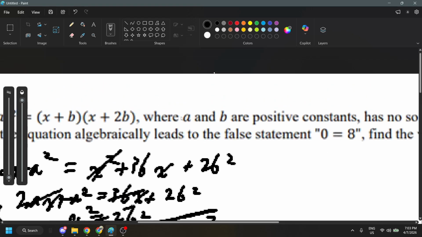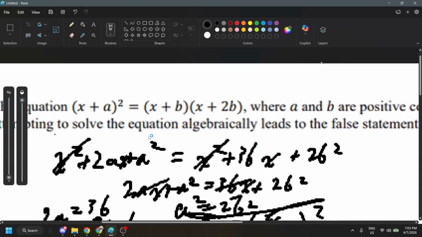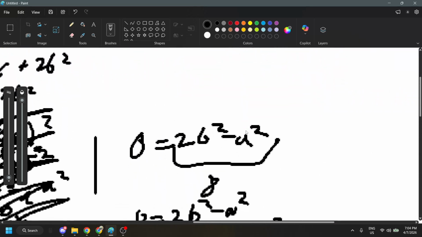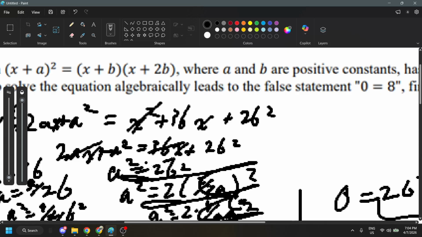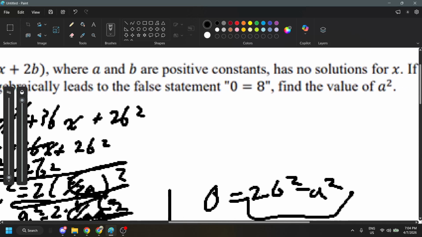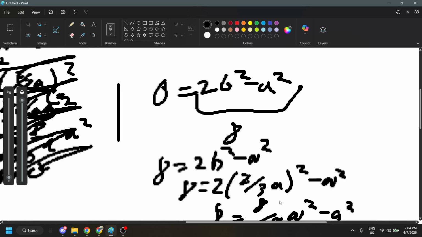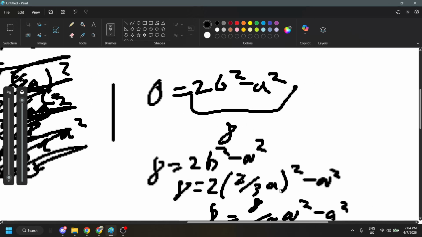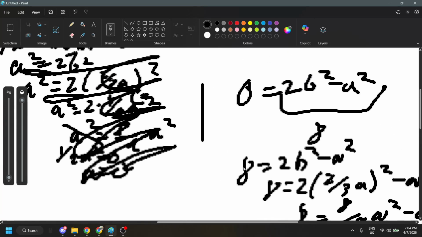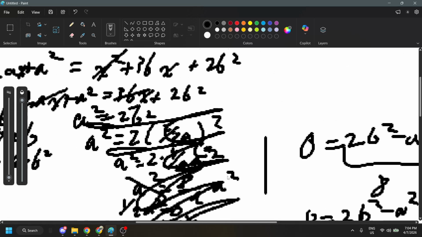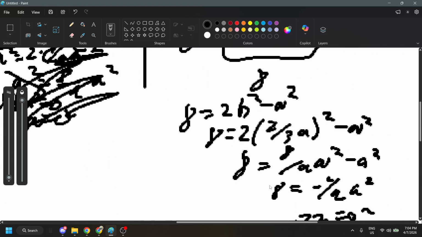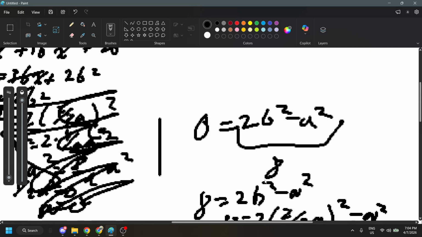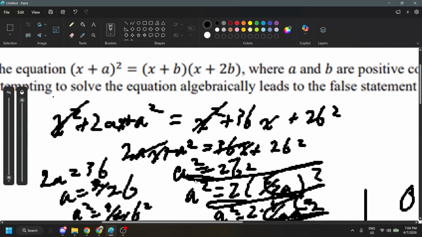We were so close, but yet so far. 2b squared minus a squared. b is equal to 2 over 3a. 2 over 3, 4 over 9. 2 times that is 8 over 9. 8 over 9. Oh my gosh. Oh my god.